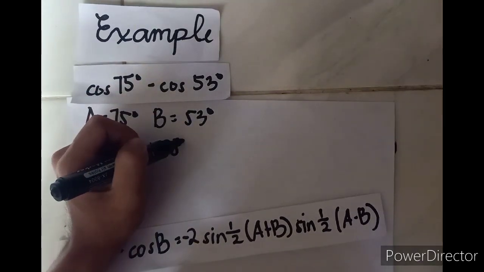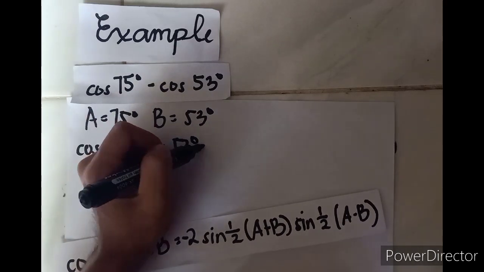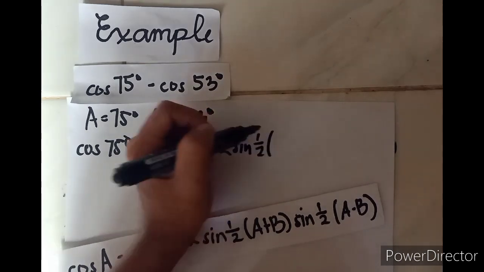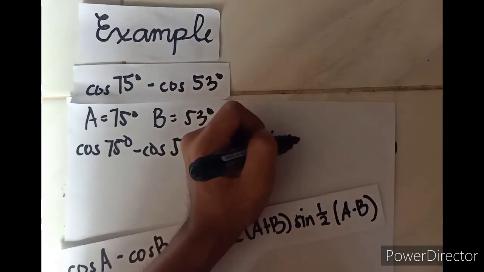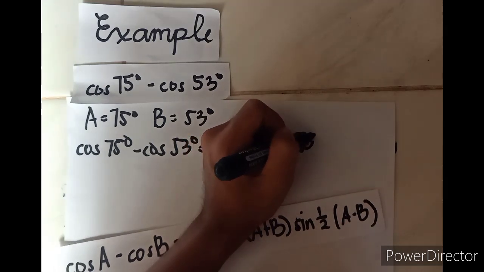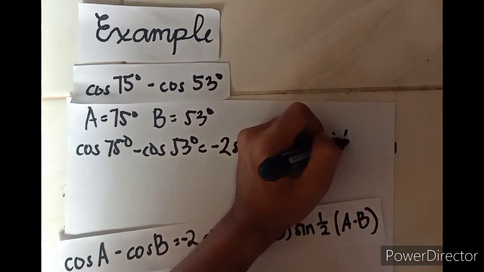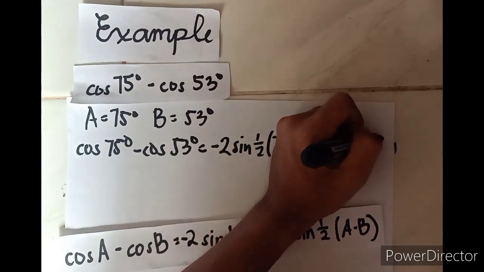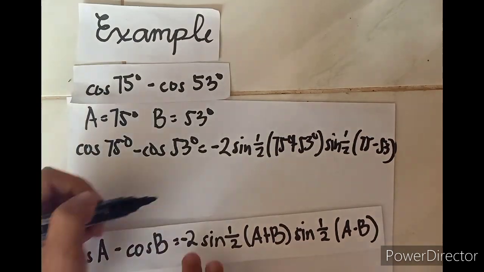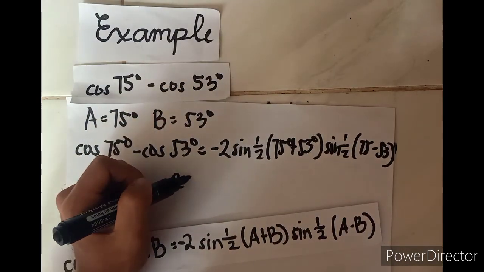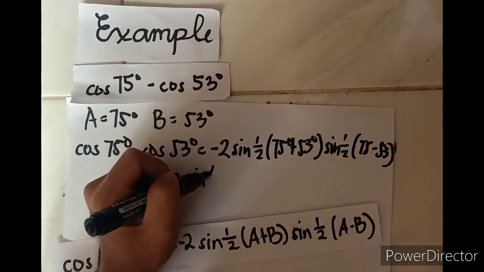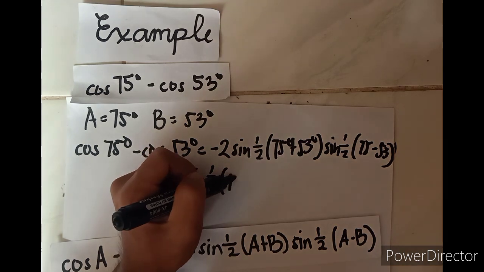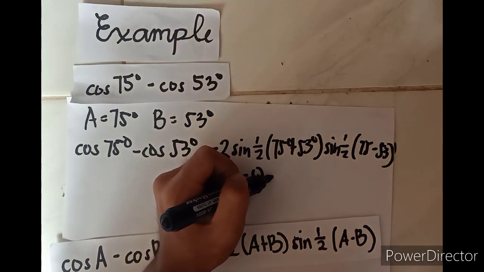Cosine 75 degrees minus cosine 52 degrees equals negative 2 sine 1/2 times 75 degrees plus 53, then sine 1/2 times 75 degrees minus 53 degrees. Next we will just do what we did on the last example. Negative 2 sine 1/2, 75 plus 53 is equal to 128.